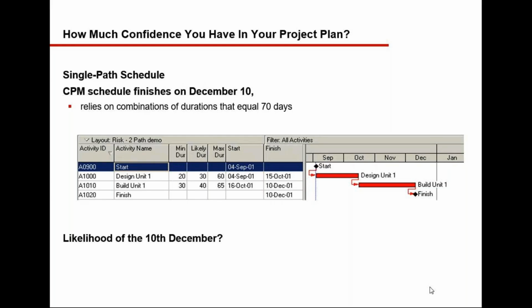It relies on a combination of durations which are calculated based on the relationship between the activities, and it calculates and gives you a finish date. Now, how sure are you of completing the project on the specified end date? Let's go back to the project risk management concept first. Then we'll come into this.